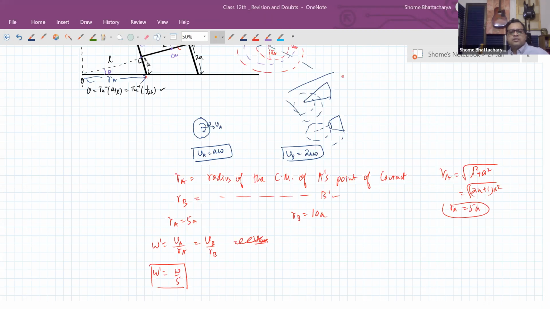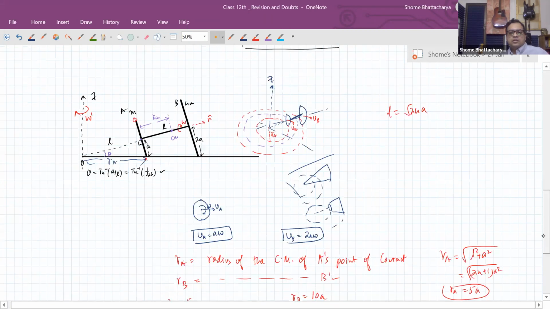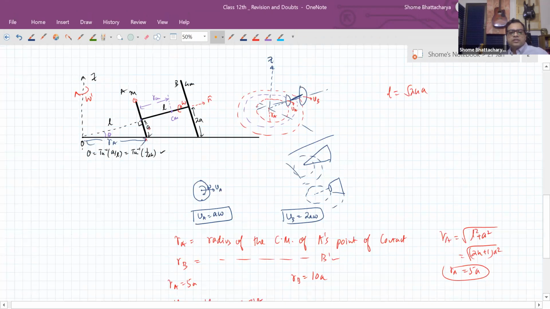By L cos theta, why will you divide, beta? See, we are looking at the point of contact now. The point of contact is describing a circle of how much radius? 5a, no?